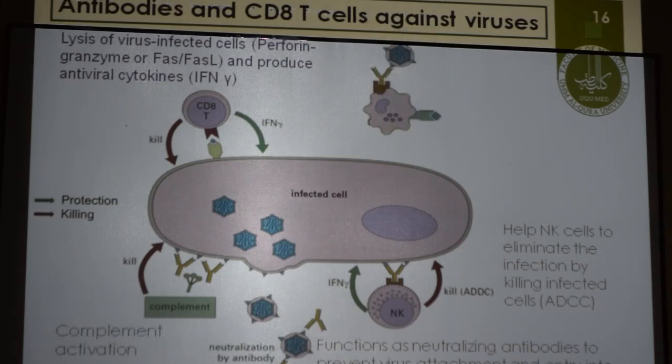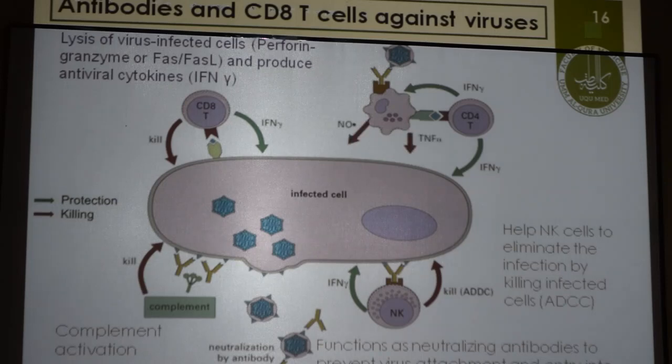And now the macrophage role: macrophages can recognize the virus infected cells or the virus itself, take it up, phagocytose it, and it needs help of CD4 cells, which give help in the form of interferon gamma, and the macrophage will now be a better killer, and it will produce nitric oxide and TNF alpha.